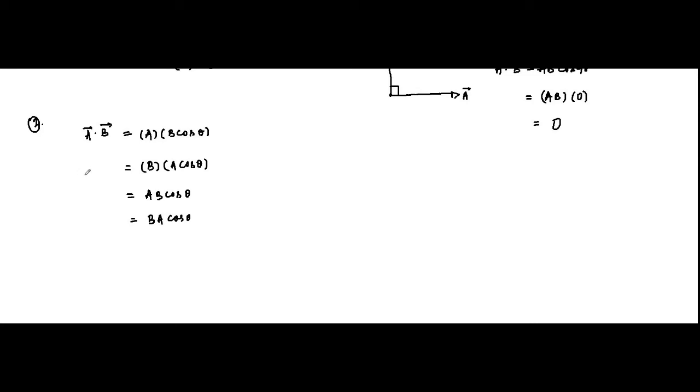Okay, so this is B vector dot A vector, this is A vector dot B vector. So both ways, whether we perform A vector dot B vector or B vector dot A vector, we are getting the same result. Why?